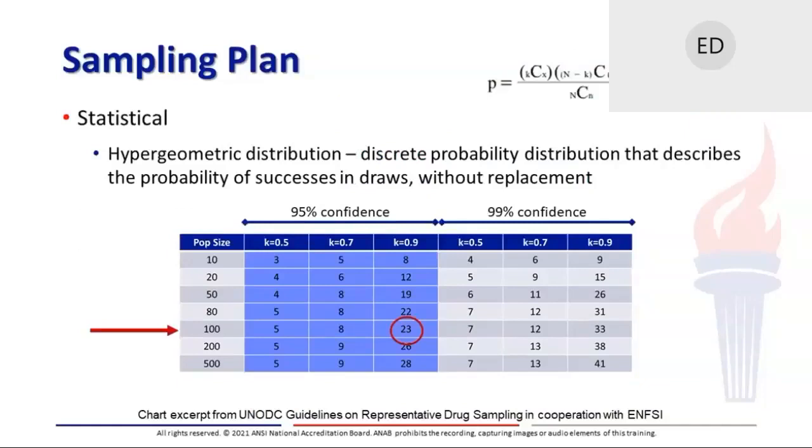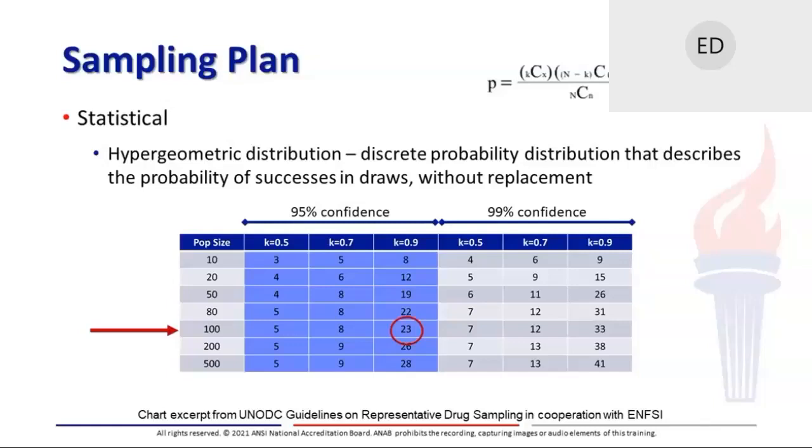One of those statistically based sampling plans is called the hypergeometric distribution. The hypergeometric distribution is a discrete probability distribution that describes the probability of successes in draws without replacement. This is a table from the UNODC guidelines on representative drug sampling.